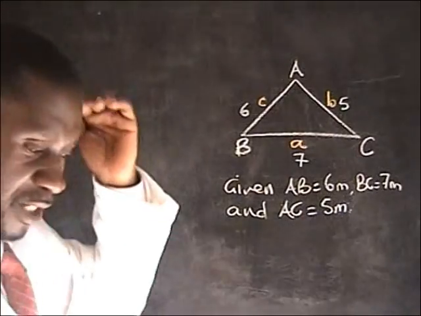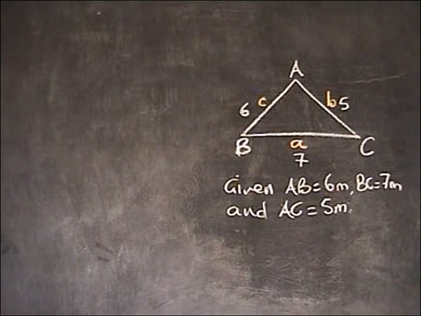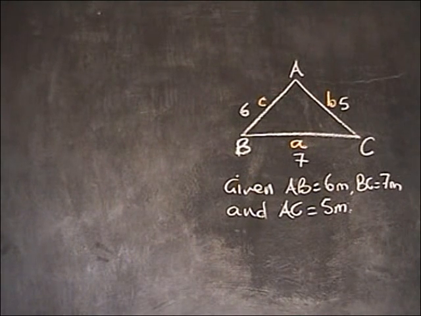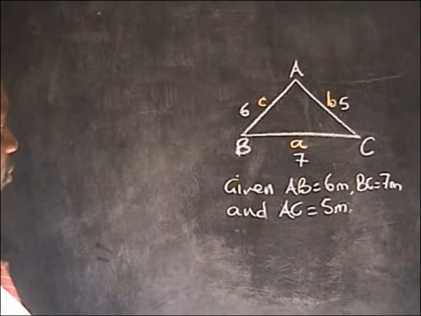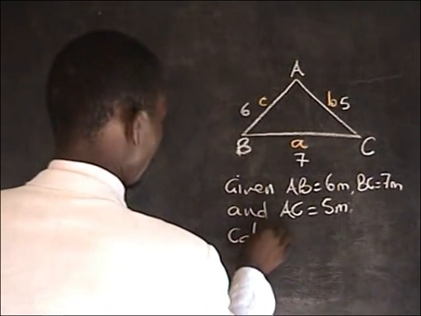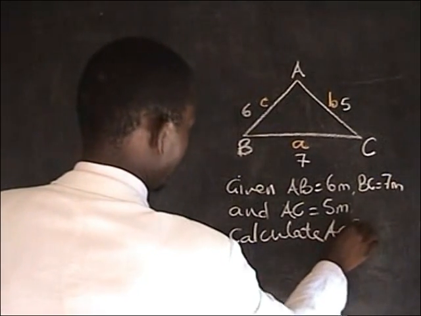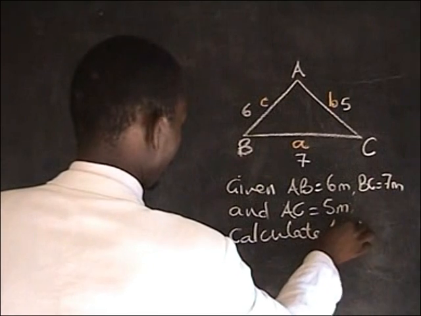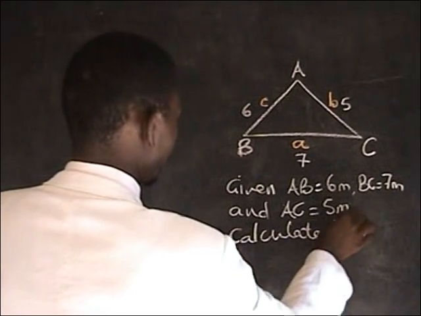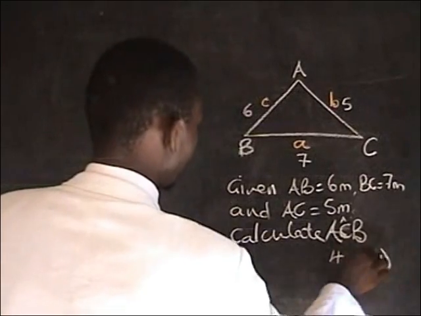For instance, assume you are told to calculate angle C, that is ACB, which is an angle, and in most cases you are going to be given 4 marks.